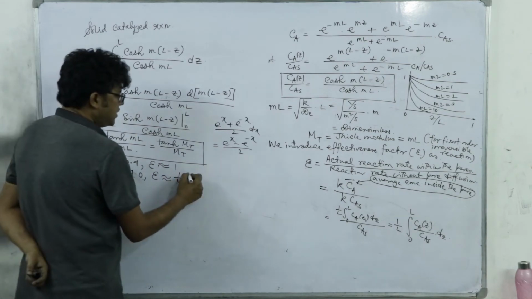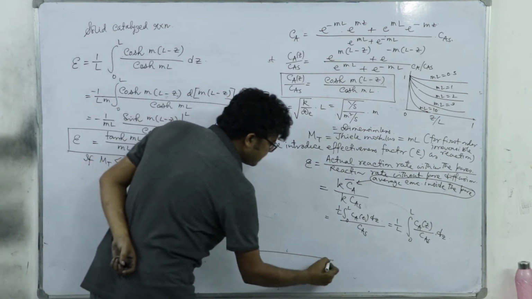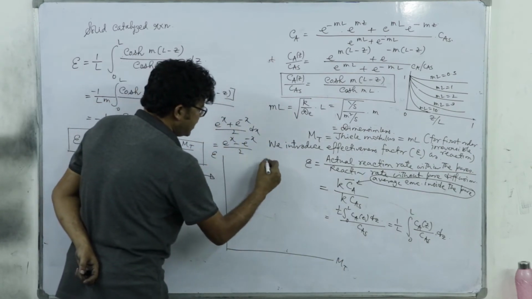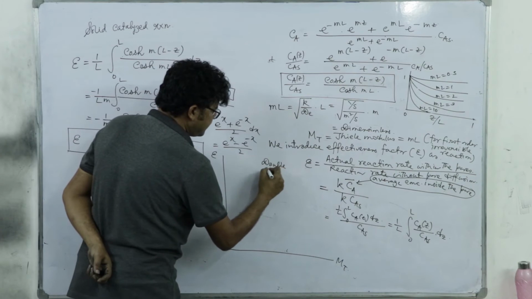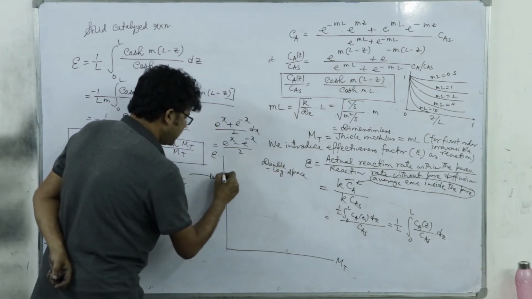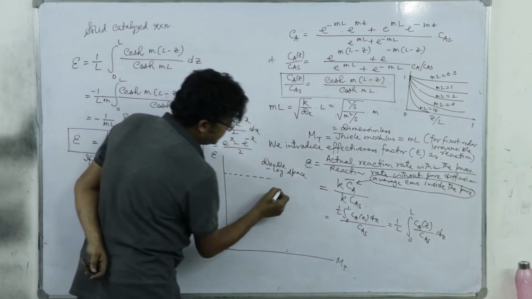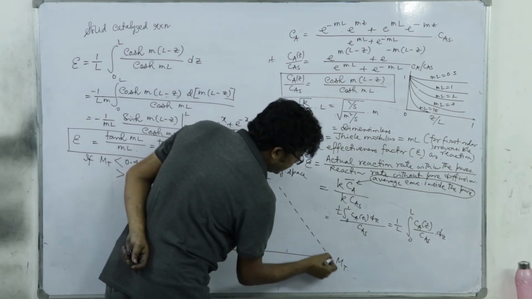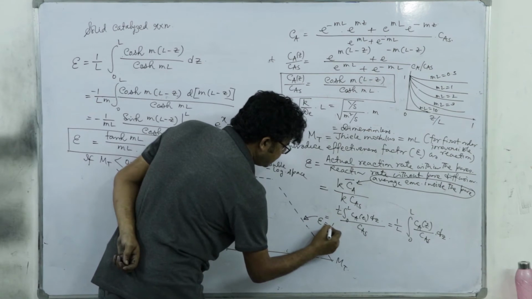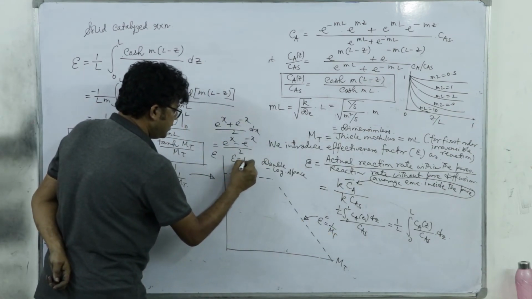So, the nature of the graph of MT and epsilon in double logarithmic space is something like this. This is the asymptote for low value of MT and this is the asymptote for high value of MT. So, this asymptote is epsilon equal to 1 by MT, this asymptote's equation is epsilon equal to 1.